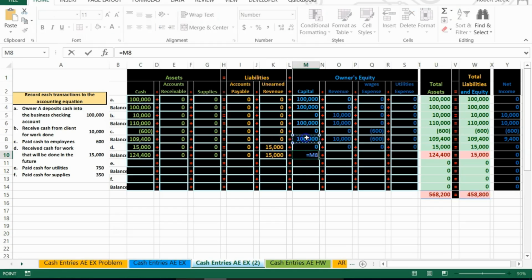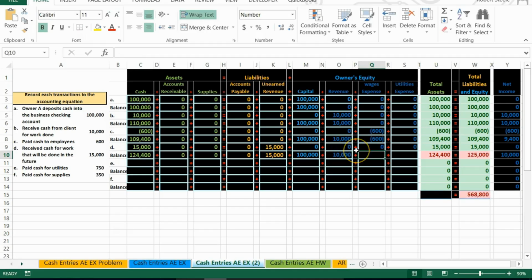This equals M8 plus M9, tab, tab. This equals O8 plus O9, tab, tab. This equals Q8 plus Q9, tab, tab. And this equals S8 plus S9, and enter.